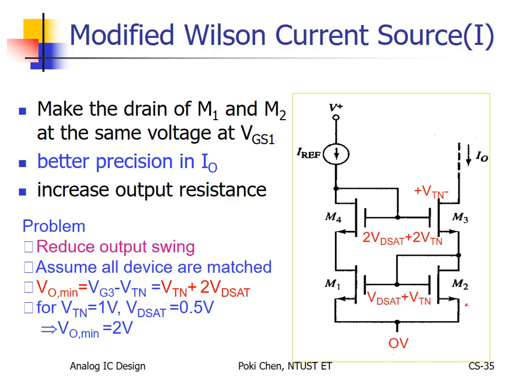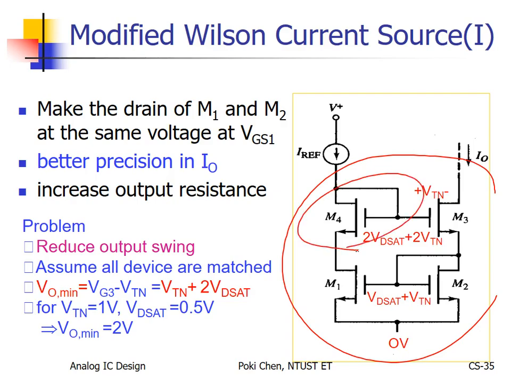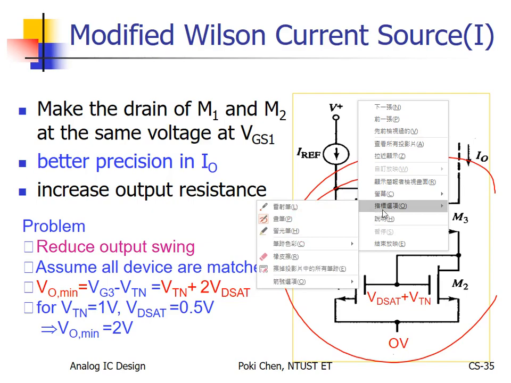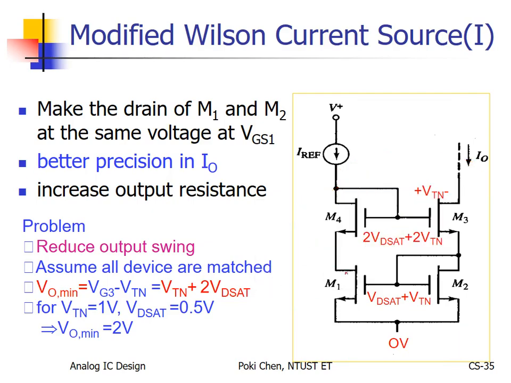How do you improve it? Here. Sometimes you call this the modified Wilson current source. We need to introduce one extra M4. For what? See? With the help of M4, the drain voltage here will be, again, this is MOS, that is also MOS, right?